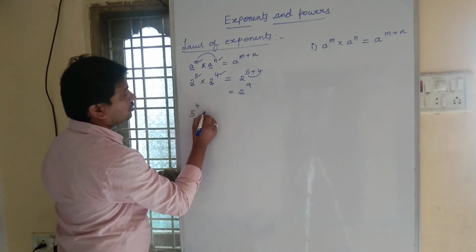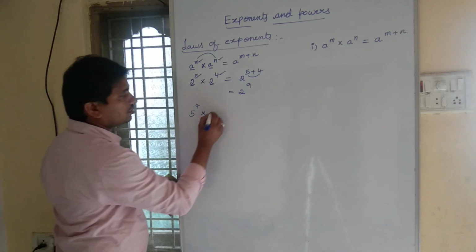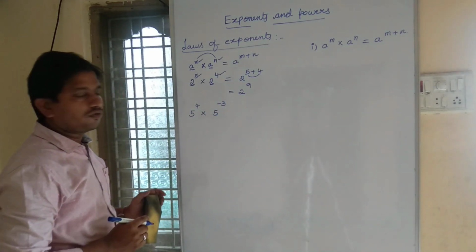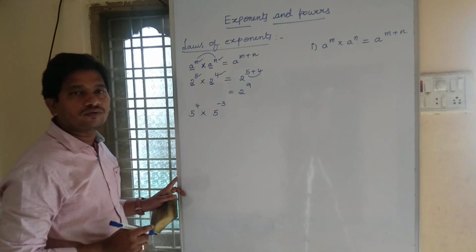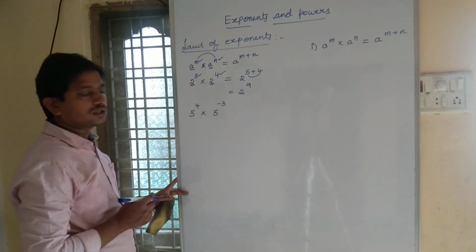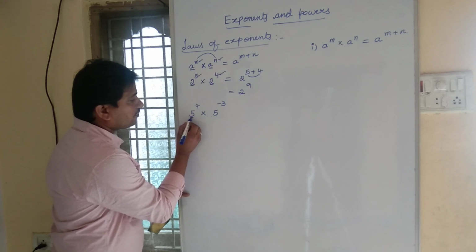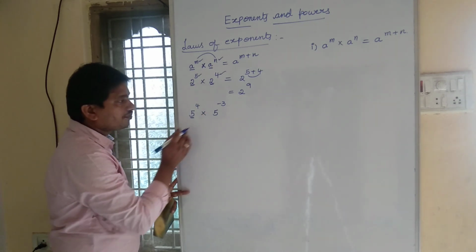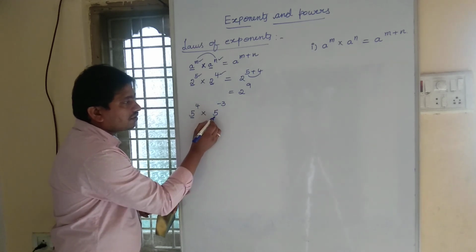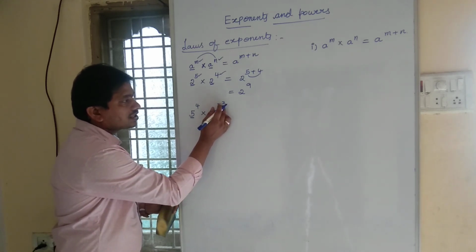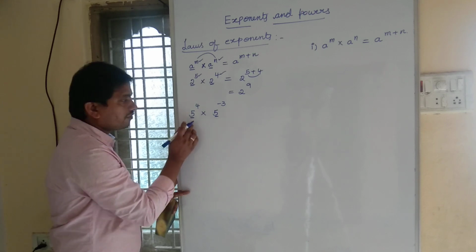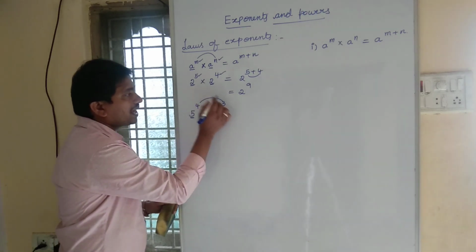Okay. For example, 5 power 4 into 5 power minus 3, children. See, in 5 power 4, 5 is called the base and 4 is called the exponent. In 5 power minus 3, 5 is called the base and minus 3 is called the exponent. As the bases are equal here, powers should be added, children.